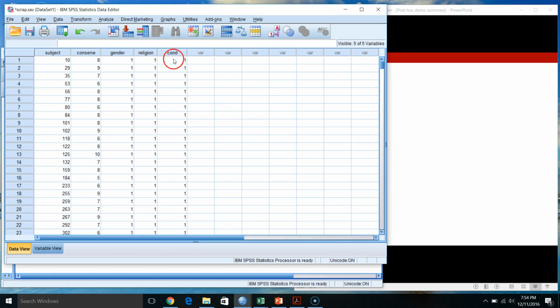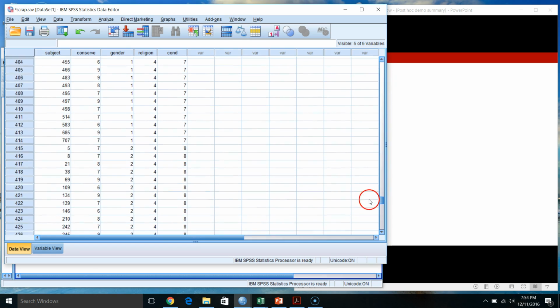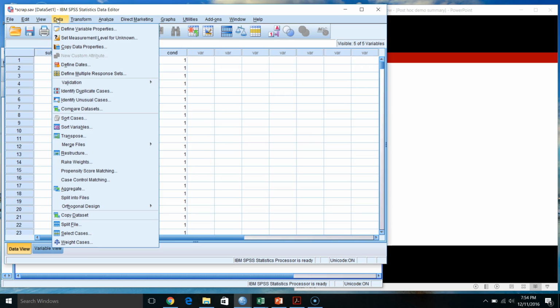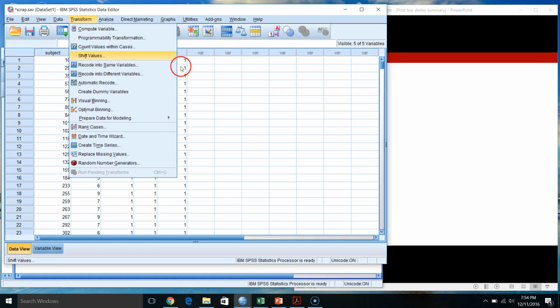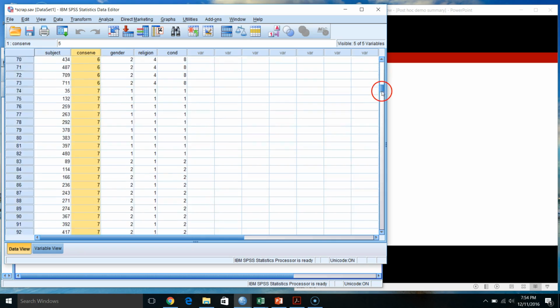So again, with our factorial designs, we need to go through and screen distributions, things along those lines within each cell. So I'm going to first take a look real quick, make sure my conservatism ratings are all within bounds.